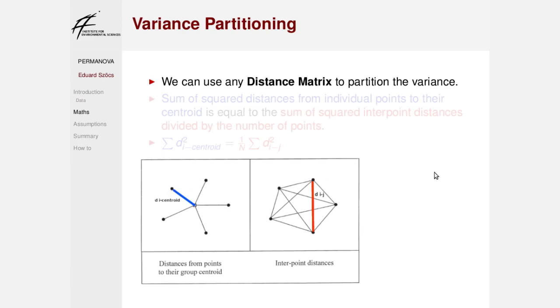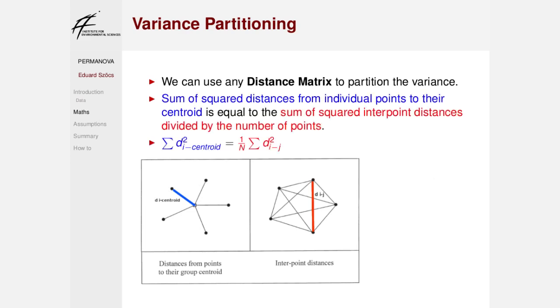Marti Anderson's contribution was, and she proves and shows this also in her paper, that the sum of squared distances from the grand mean is equal to the sum of interpoint distances, so all the lines here, divided by the number of points. Here's also the formula notation, if you like the formula notation more than the verbose notation.